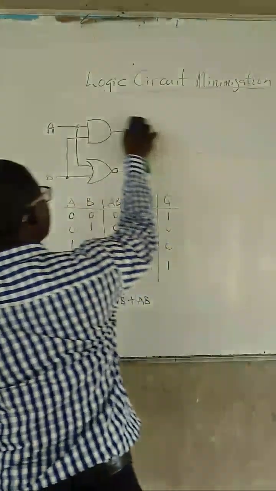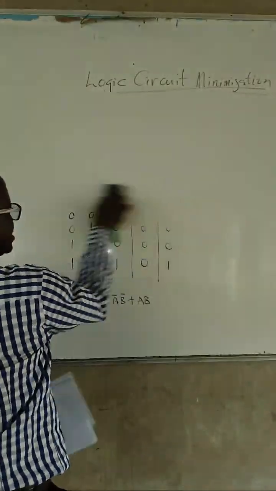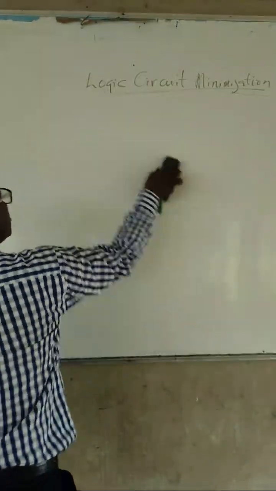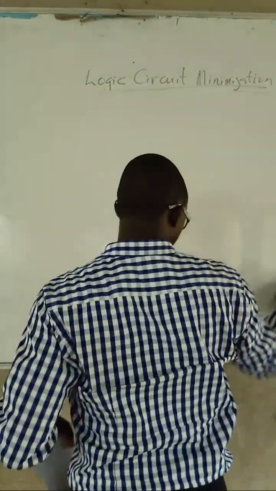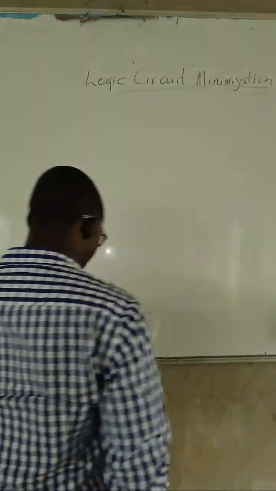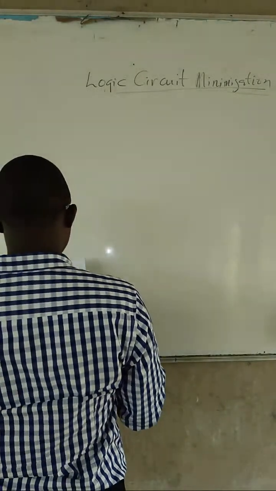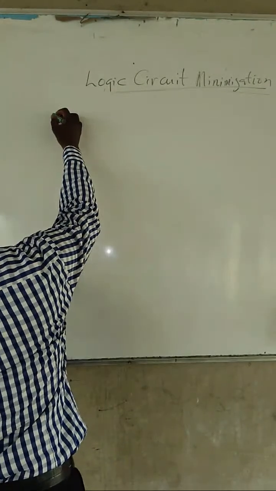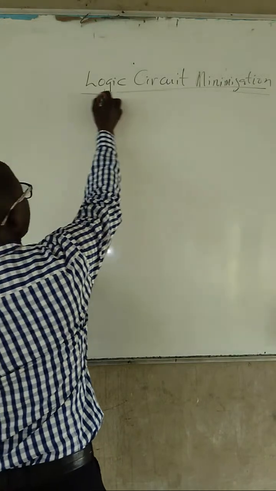The third example is more complex than the previous two, and so we're going to have so many intermediate expressions before we get the final output. We have it this way: 3 inputs, logic combination circuits.